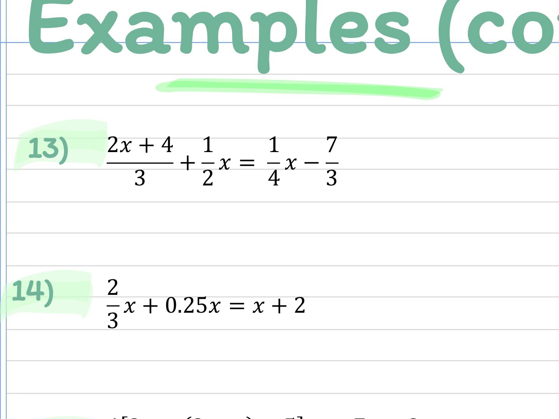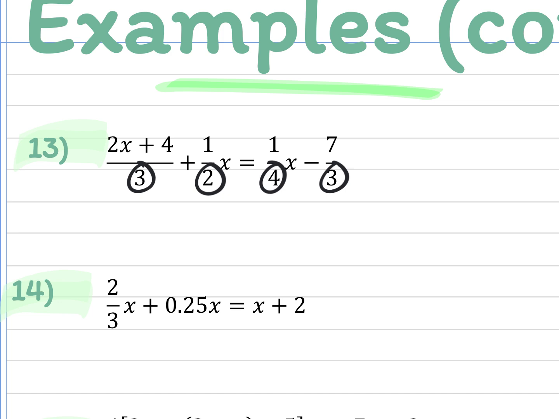So here, between 3, 2, 4, and 3, right? So between these four numbers, and 3 is a repeat, between 3, 2, and 4, what is the least common multiple or the least common denominator?